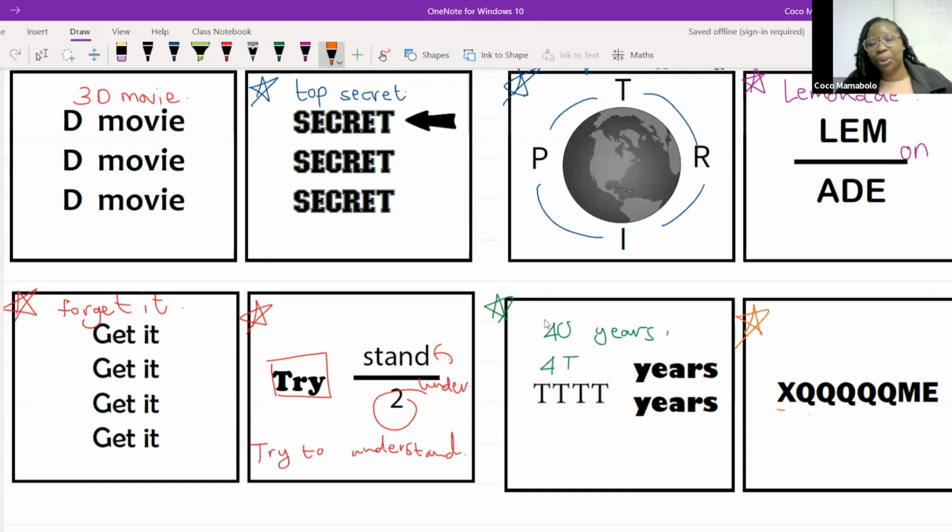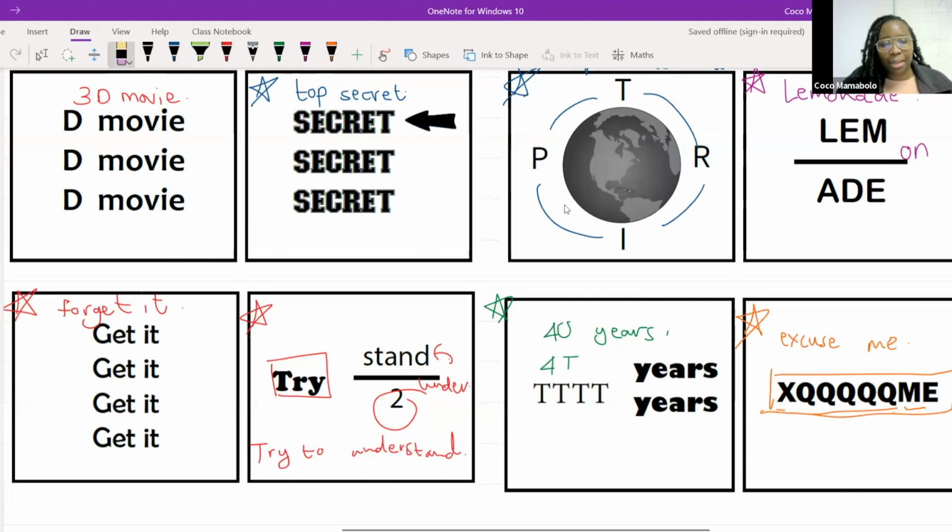Good. And X with Q. So excuse me. I'm going to start using the spelling of excuse me in my text when I'm texting people on WhatsApp. I'm going to start using that one instead of the original one.